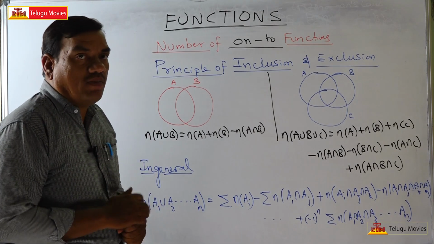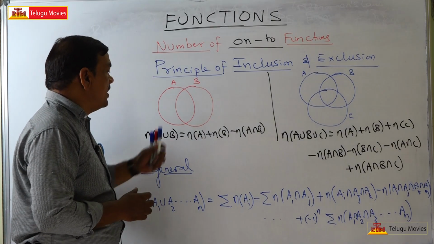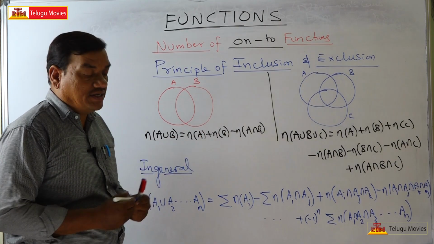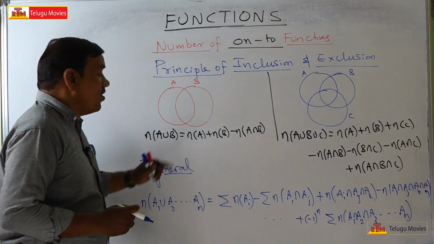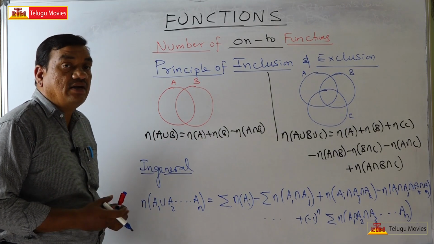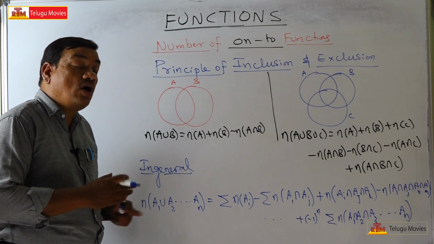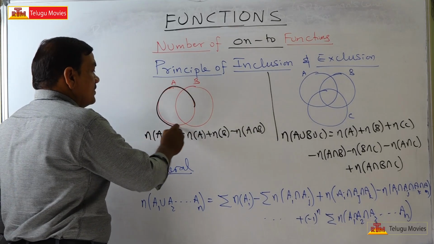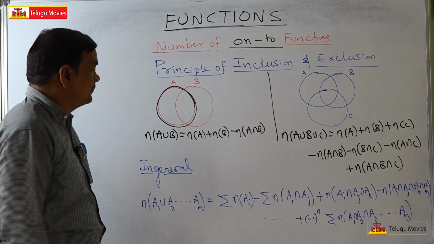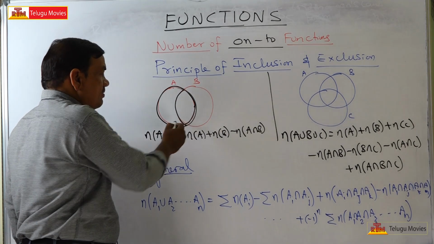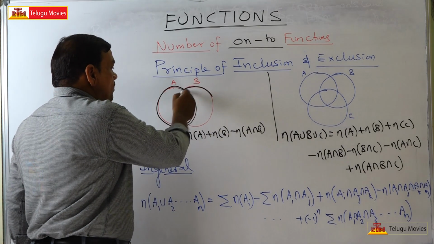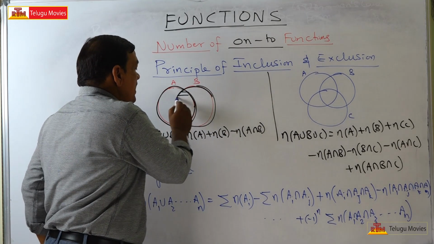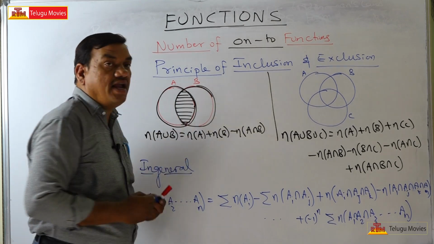This formula you already know, we also come across it in sets. So here n of A union B is equal to n of A plus n of B minus n of A intersection B. That means the number of elements present in either A or B is equal to n of A, the number of elements in A, which includes A intersection B, plus n of B, where you are again considering the A intersection B part.